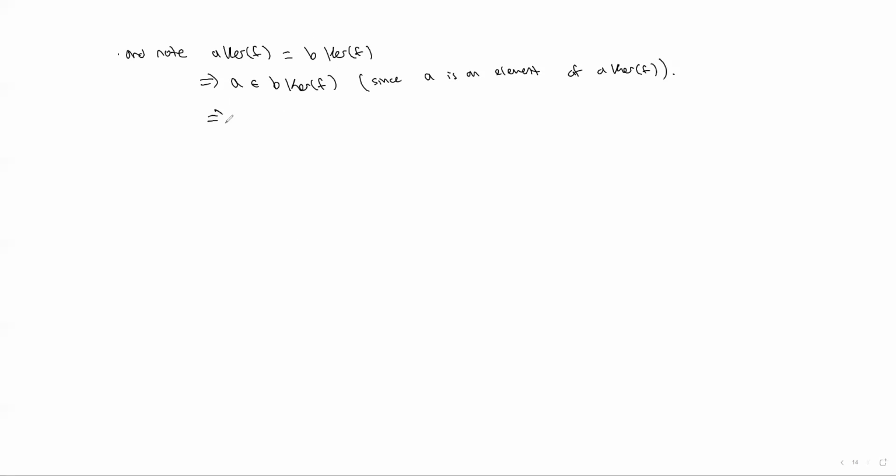So then A equals Bx for some x in the kernel of f. And then you divide by B. So B inverse A equals x for some x in the kernel of f. So then B inverse A is in the kernel of f. So that's how you get the equivalence with all the other conditions that I listed.